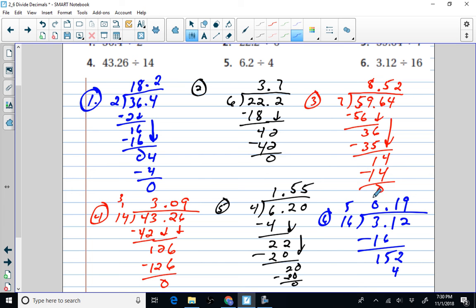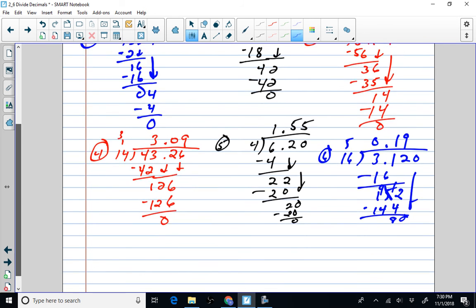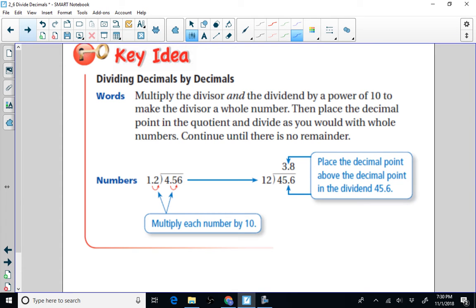Carry the 5. 9 times 1 is 9, and 5 is 14. Subtract. It's going to be 8. Add a 0. Bring that 0 down. 16 goes into 80 5 times. 5 times 16 is 80. Subtract, we get 0. So our quotient is 195 thousandths.